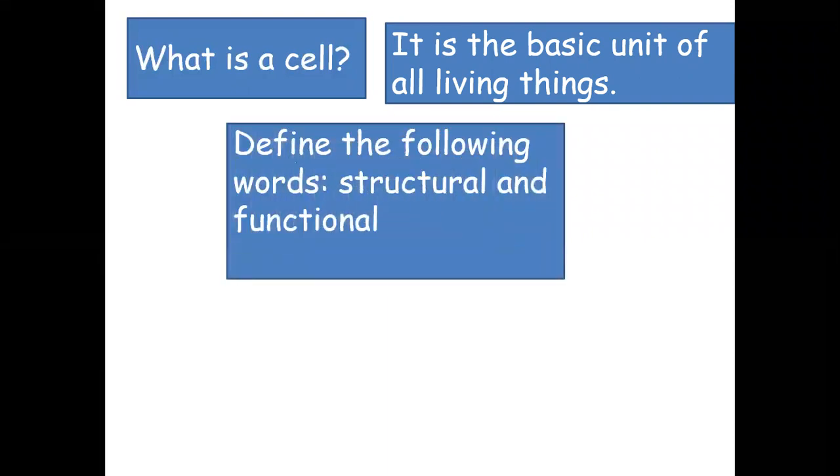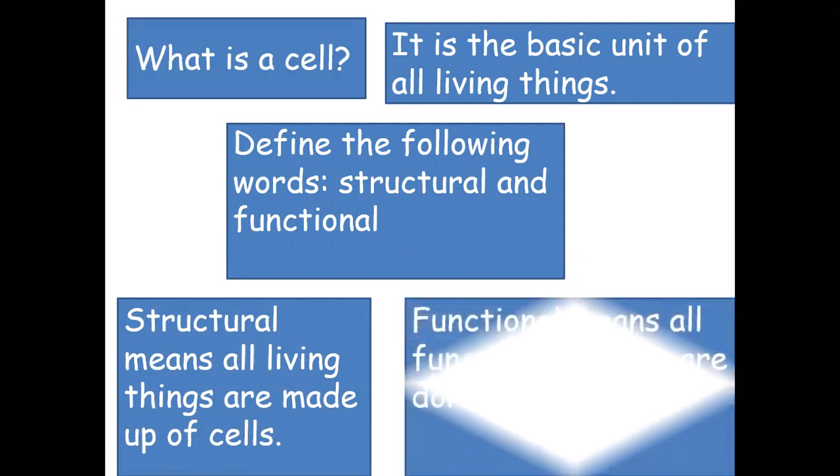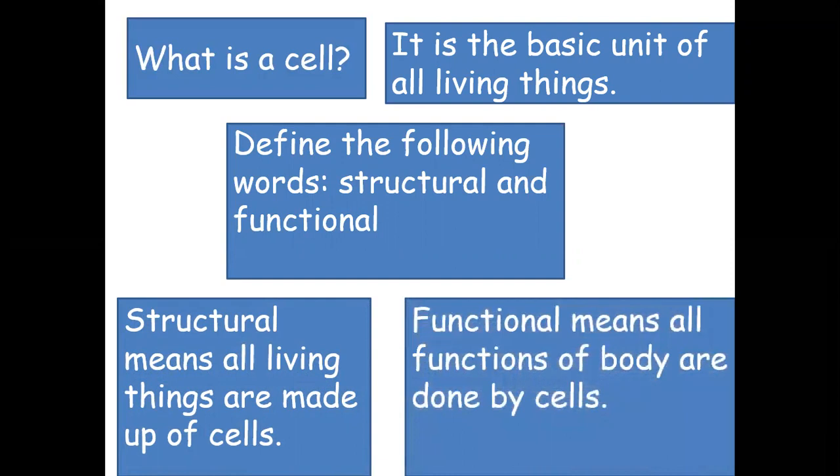Define the following words, structural and functional. The definition of a cell says that it is the structural and the functional unit of all living things. Structural means that all living things are made up of cells. This is the meaning of structural, while functional means all functions of the body are done by cells.